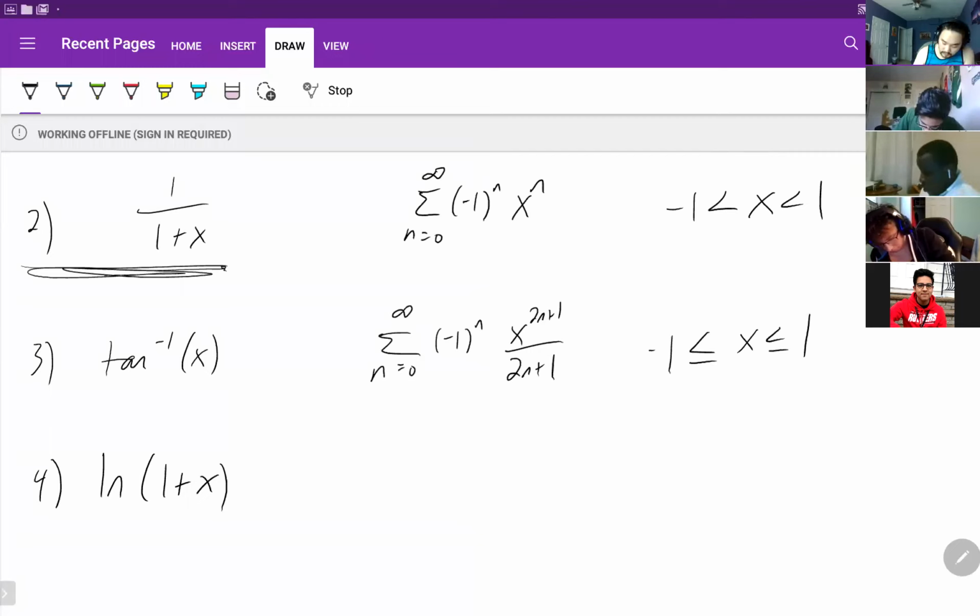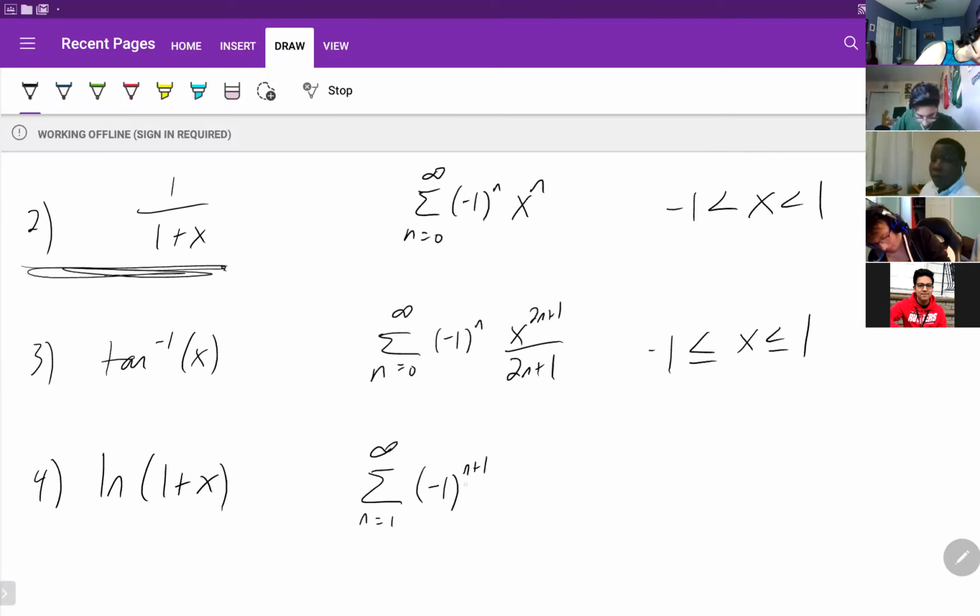So ln, this one's kind of weird. There's a couple of definitions for it. I'm just going to use this one. It goes n equals 1 to infinity. It's an alternator, but it goes n plus 1, and then I'm cheating, by the way, x to the n over n.